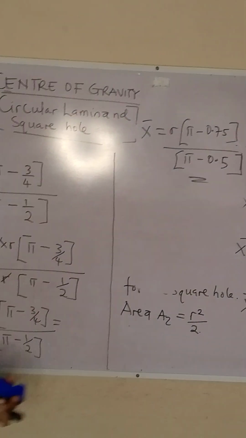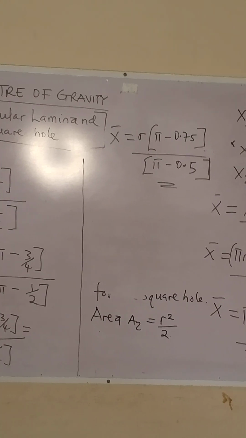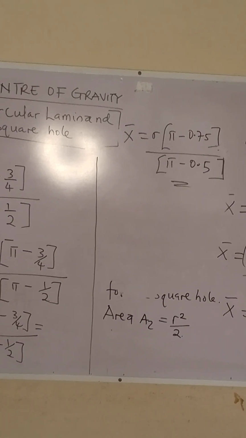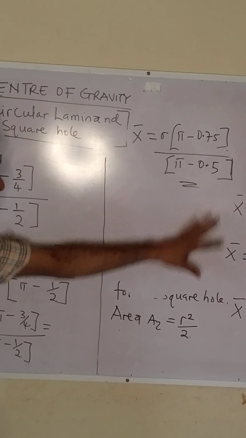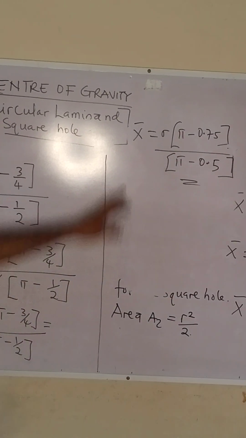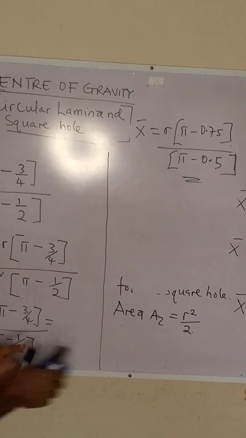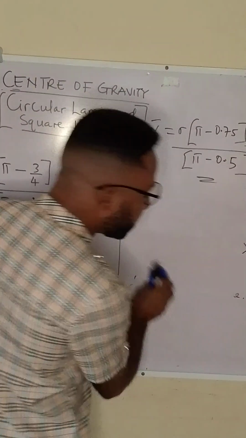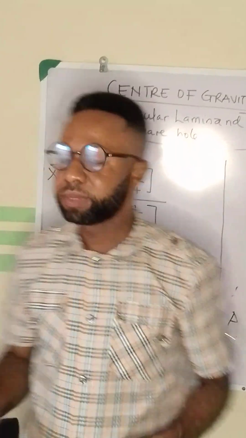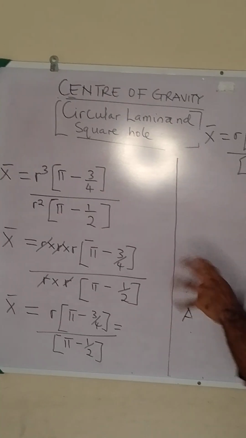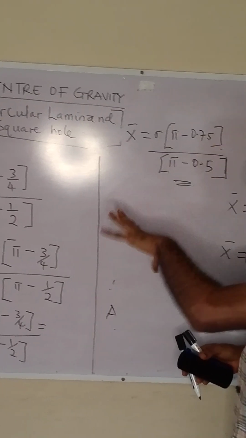So this will be our centroid for that question. We are given the value of r, we can substitute it, and then we find the value of x in any unit that it might be. So basically that is how to determine the value of centroid for a circle with a square hole inside.